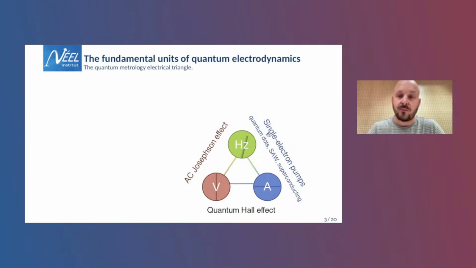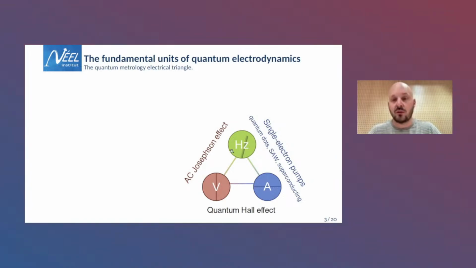First, let's represent this kind of metrological challenge as a triangle. The idea is to link 3 electrical units, namely volt, ampere, and hertz, via some quantum effect, or at least via some effects that do not depend on the size of the device or the way you perform the experiment.